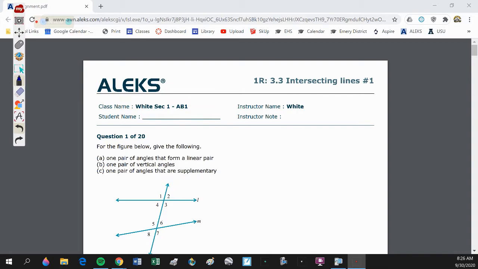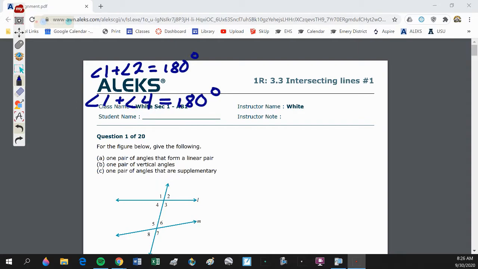It's actually pretty easy. I know that angle 1 plus angle 2 is equal to 180 degrees. Right? Well, I also know that angle 1 and angle 4 add up to 180 degrees. Do you guys see it?